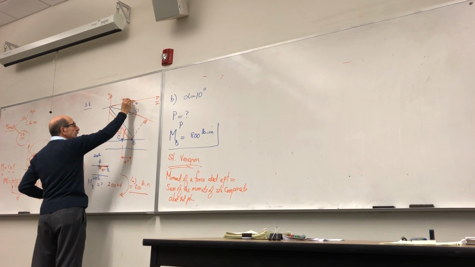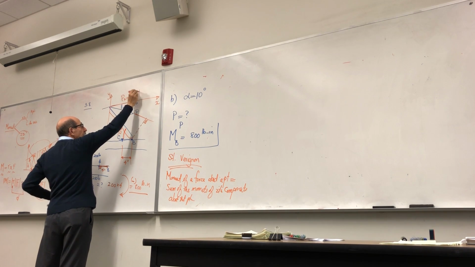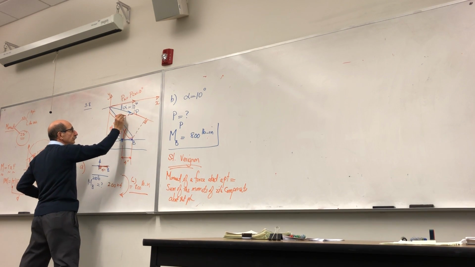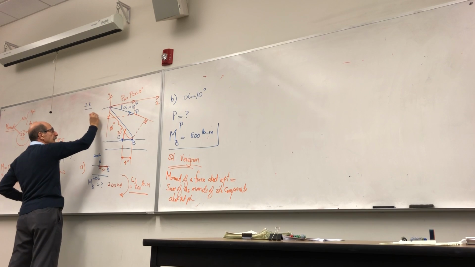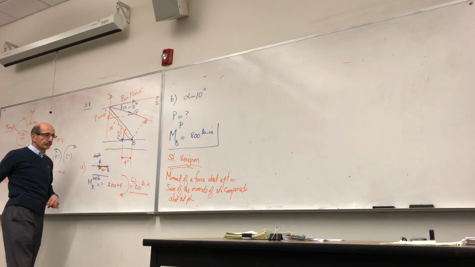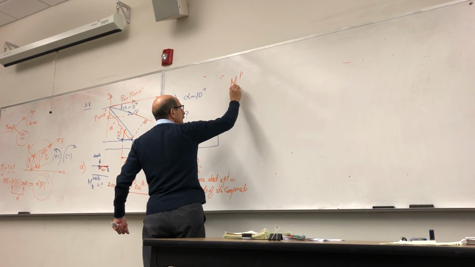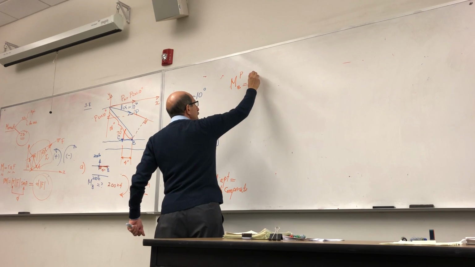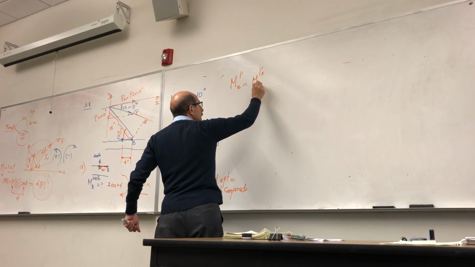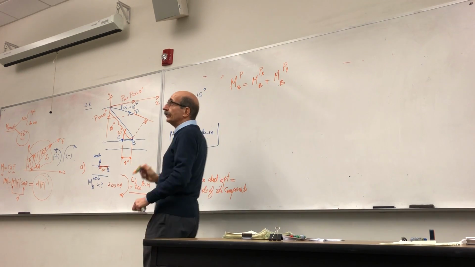So I find Px, which would be P cosine of 10 degrees, and Py, P sine of 10 degrees. So moment of P about B would be moment of Px about B plus moment of Py about B, right?